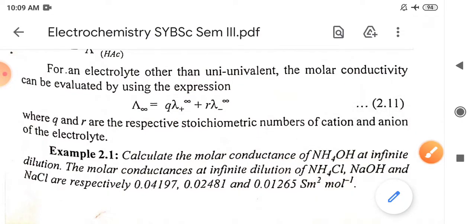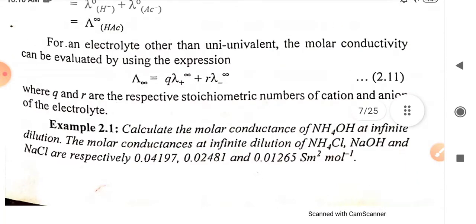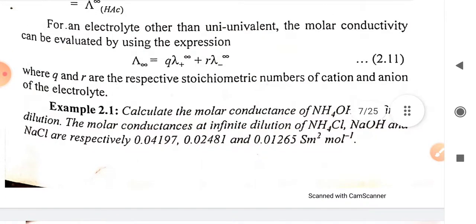Suppose we have ammonium sulfate or sodium sulfate, they differ in their stoichiometric coefficients or proportion, so we have to take that into account. The number of ions will increase according to the molecular formula of the given electrolyte.